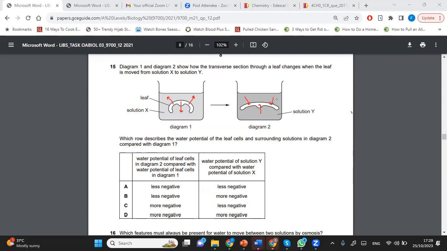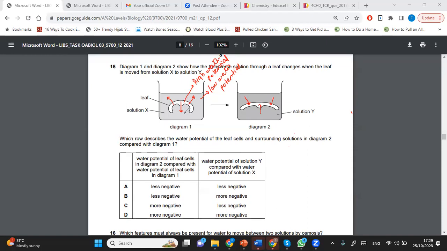It's becoming turgid. So what is going to happen over here? In this diagram, I think we can clearly see that solution X has low water potential and the leaf must have high water potential. That is why the water is moving from inside the leaf to outside the leaf, from high water potential to low water potential.